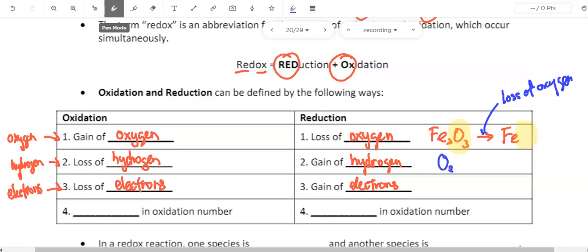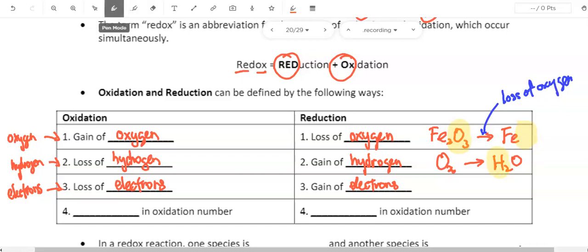I have oxygen, O2. When it gains hydrogen, the most common result is that it becomes water. So you can see oxygen here is reduced because it gained hydrogen. This is the gain of hydrogen concept.